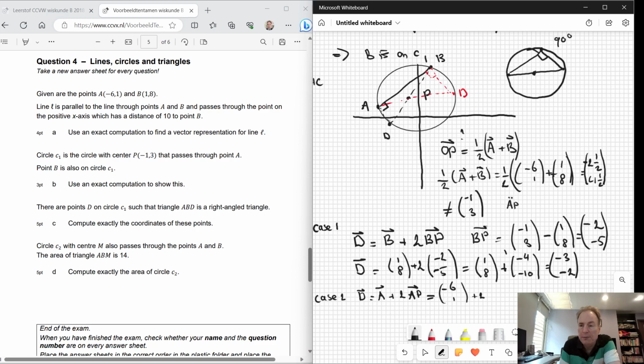So AP is minus 1, 3 minus minus 6, 1, which is 5, 2.